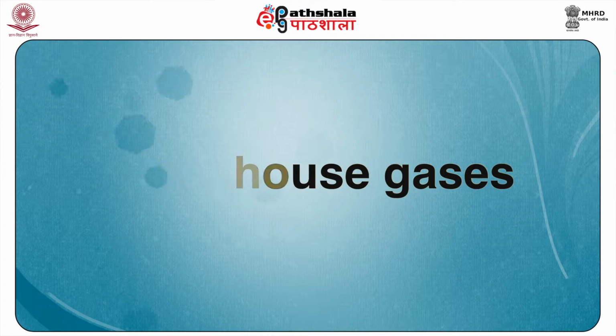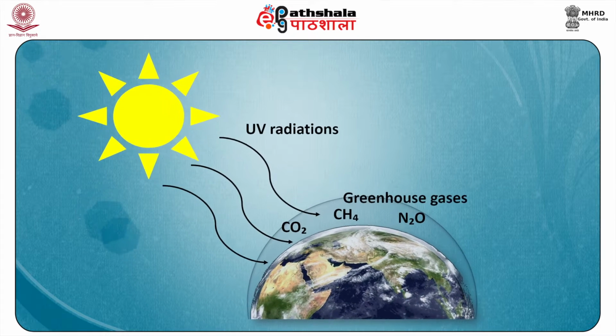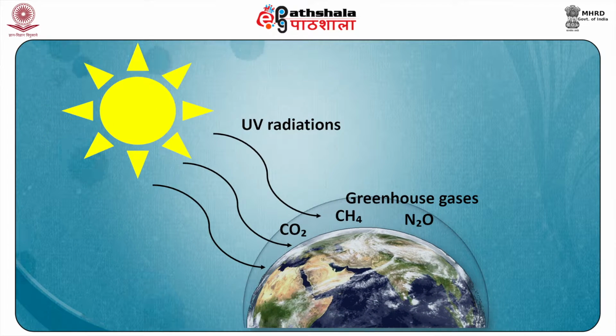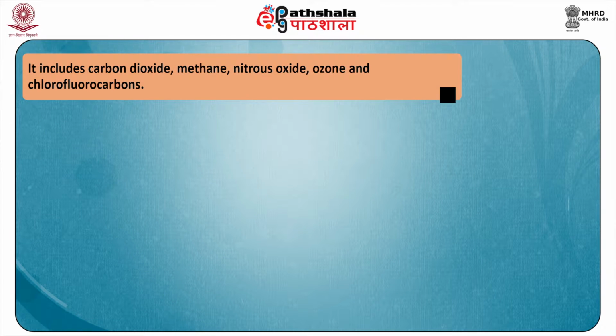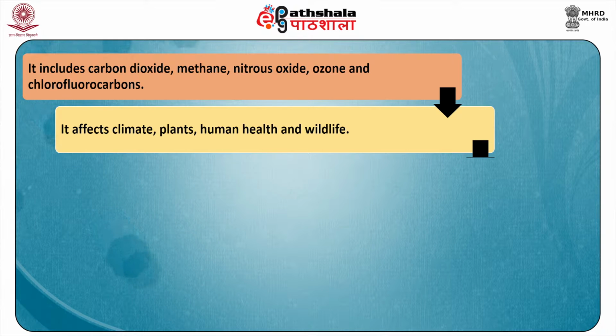Greenhouse gases. Greenhouse gases are gases which allow the sun radiation to pass through and reach Earth's surface, and results in global warming. It includes carbon dioxide, methane, nitrous oxide, ozone, chlorofluorocarbons. It affects climate, plants, human health, and wildlife.